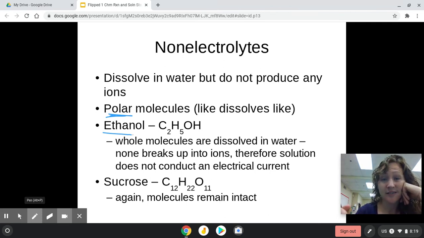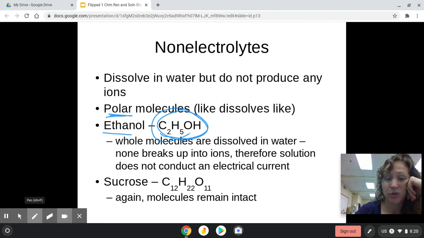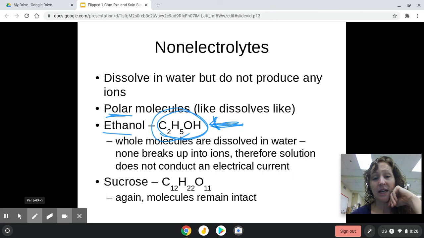When it dissolves into water, it's going to dissolve the entire molecule, and that molecule is not going to break up into ions. And actually, usually when you have organic things like this, organic things tend to stay as molecules and not break apart, mainly because of what we were just talking about, how the carbon and the hydrogens are very similar in electronegativities. Those electrons are shared fairly equally, which makes that bond extremely stable.